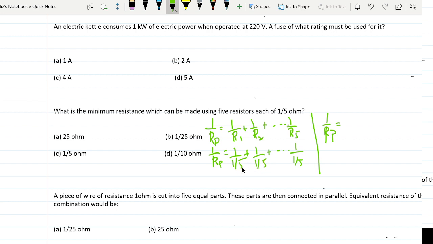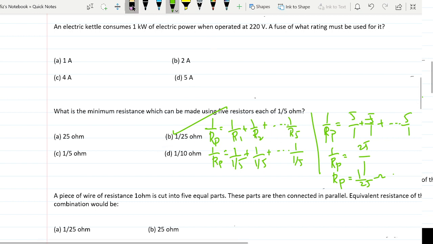You can write it as 5 by 1, 5 times. Now 1 by Rp is equal to 5 added 5 times, which is 25. Now Rp is equal to 1 by 25 ohm. Due to less space I am not writing all the terms here, just try to understand. So option B is correct here.